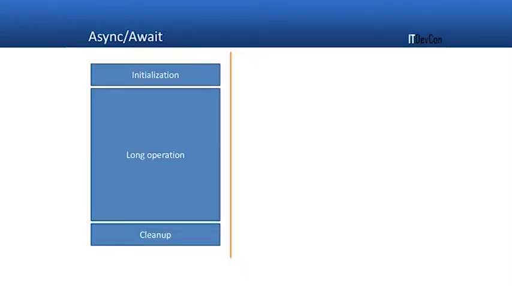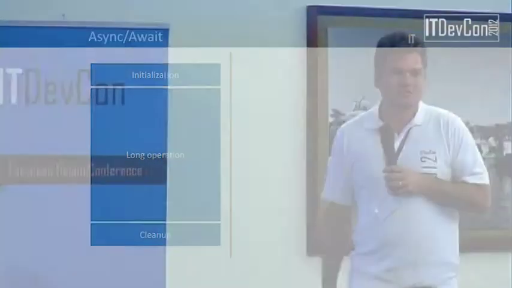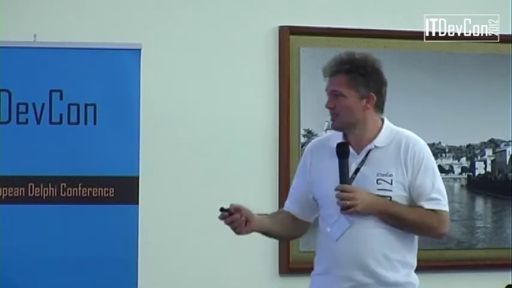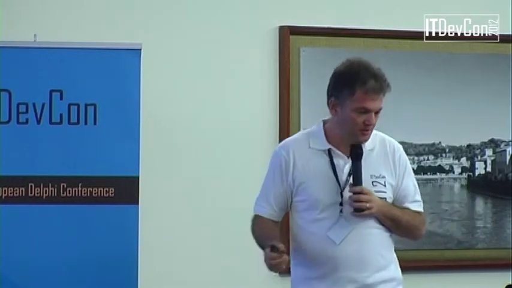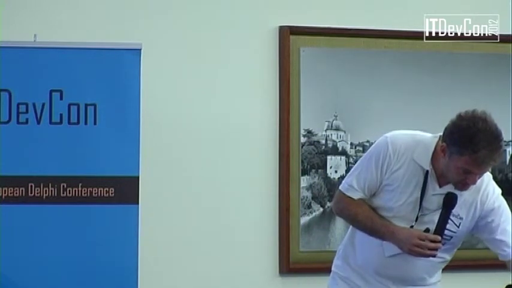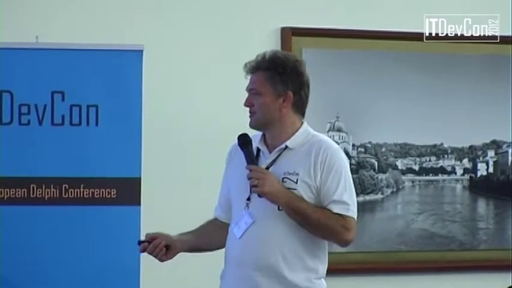So I have a process that's initialized and then takes a long time to execute, so much time that the user interface is blocked in the meantime, and the user notices it. And then I want to do some cleanup. My example here is a very complicated program which does the best payload possible if you want to demonstrate a blocked user interface.